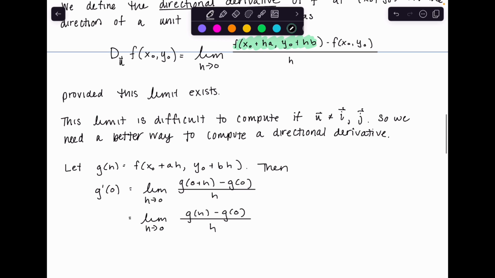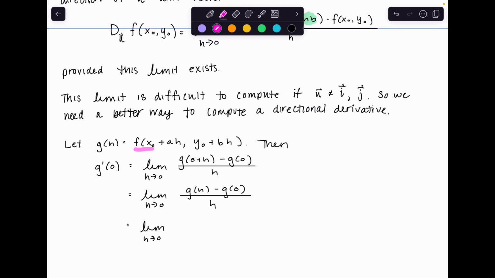Okay. And so filling in the pieces based on this definition, g of h is exactly this expression. So this is f of x naught plus ah, y naught plus bh, and then g of 0 would be, I replace h by 0, so both of those pieces would disappear, and that would be f of x naught, y naught, all over h.